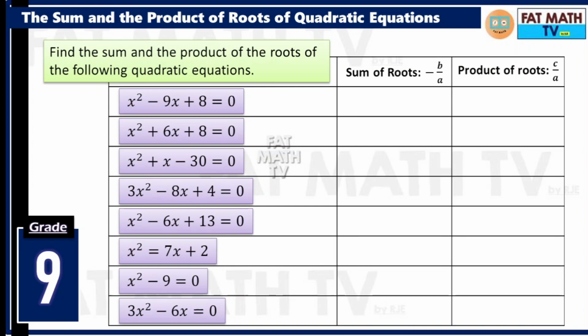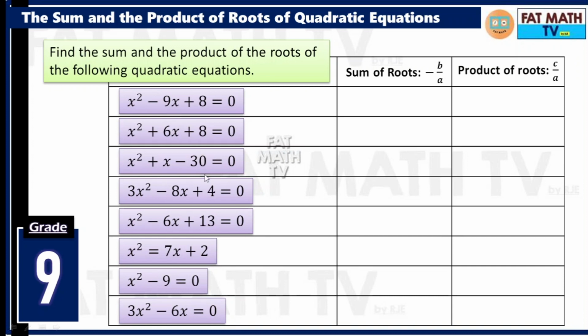That is, the sum of the roots is negative b over a, and the product of the roots is c over a. So it's important here that you should know how to identify a, b, and c in the equation. So a is the coefficient of x squared, b is the coefficient of x, and c is the constant term if the equation is written in standard form: ax squared plus bx plus c equals 0.